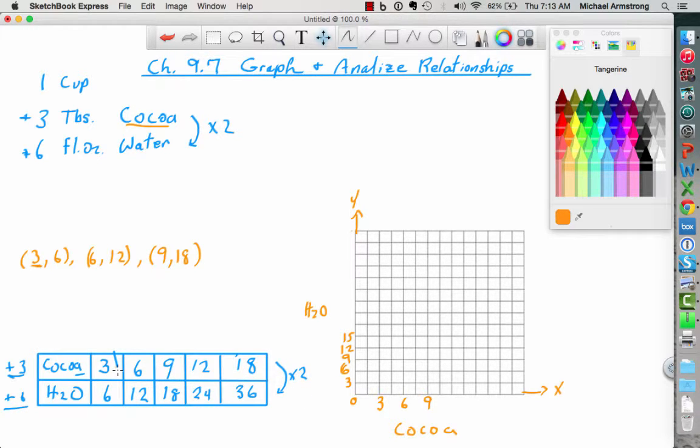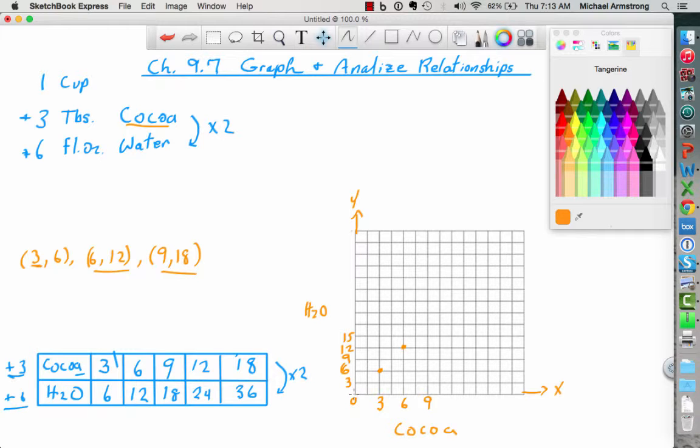So we're going to put in 3 and 6, which is over 3 and up to 6. And then we're going to go over to this one, which is 6 and 12, so it's over 6 and up to 12. And then we're going to keep going like that. We have to put the 9 and 18 in, and you have to fill out your graph on your own.